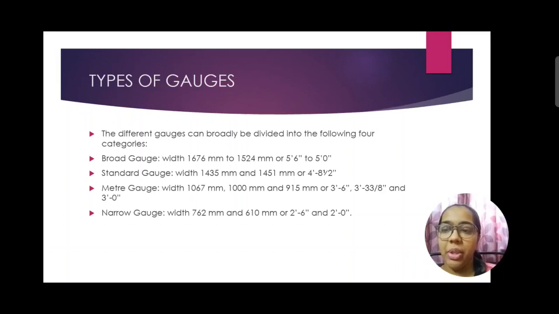Third, meter gauge, with a width of 1067 mm, 1000 mm and 915 mm, or 3 feet 6 inches, 3 feet 3 3/8 inches and 3 feet 0 inches. Fourth, narrow gauge, with a width of 762 mm and 610 mm, or 2 feet 6 inches and 2 feet 0 inches.